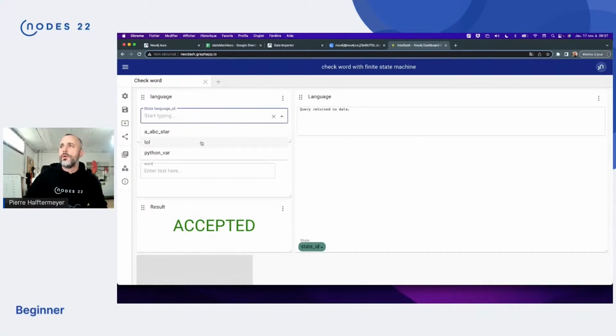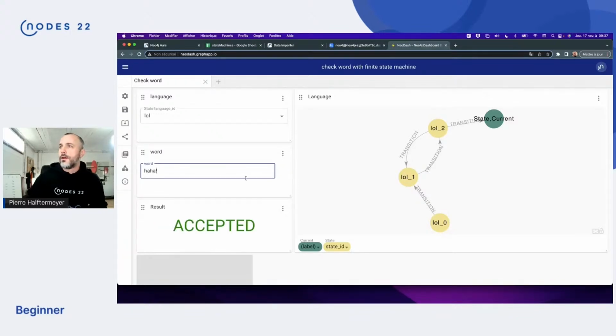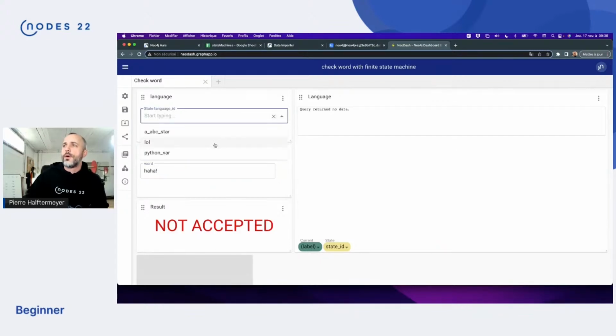For instance, from the LOL language, I can check if this word is accepted by this language, but maybe it's not by another one.